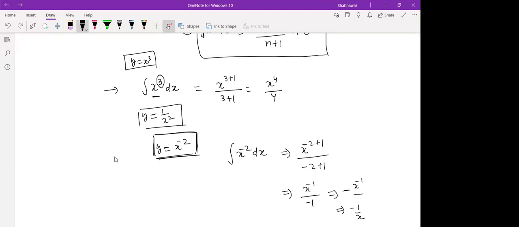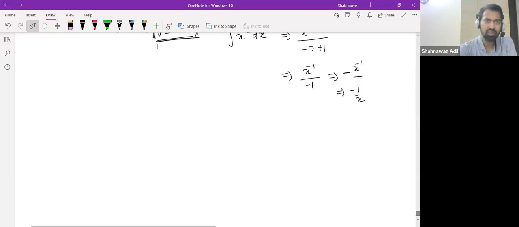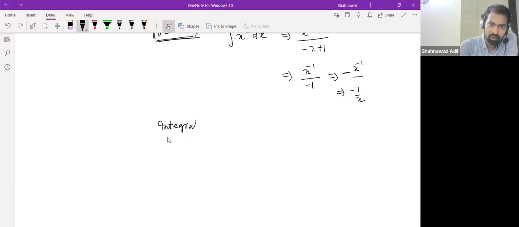Then we have two kinds of integral. One is the indefinite one, and the other one is the definite one.